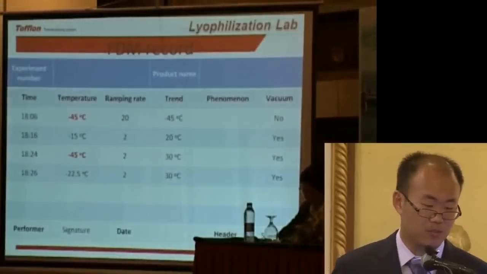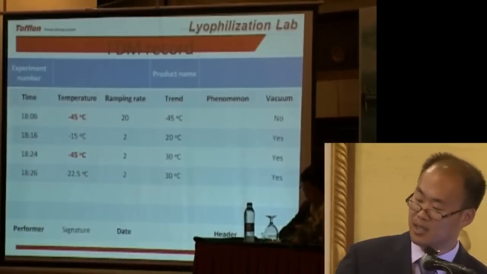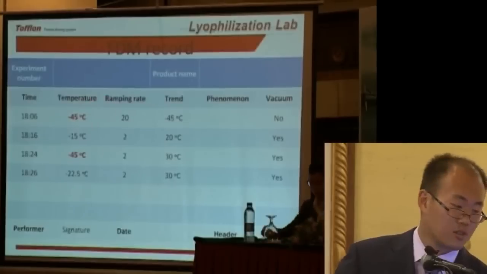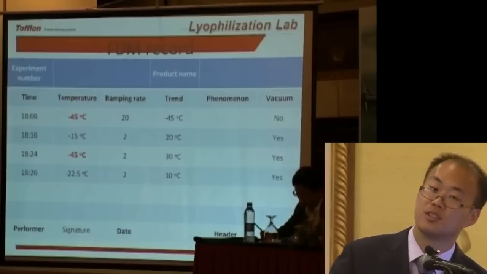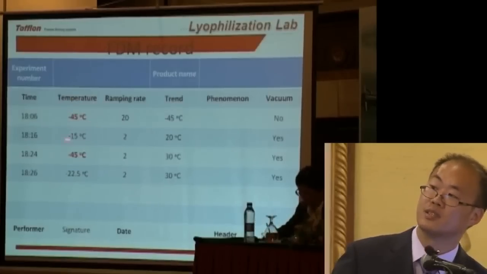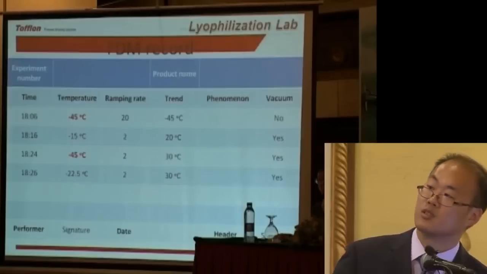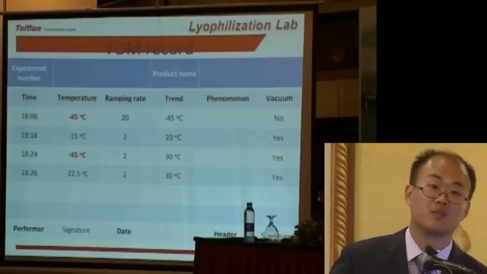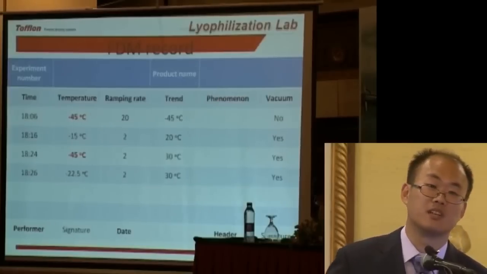Now we are performing the annealing process, just as this picture shows. First, we decrease the temperature to minus 45 degrees, and then increase the temperature to minus 15 degrees. And second, we decrease the temperature again to minus 45 degrees centigrade. Now that is annealing.